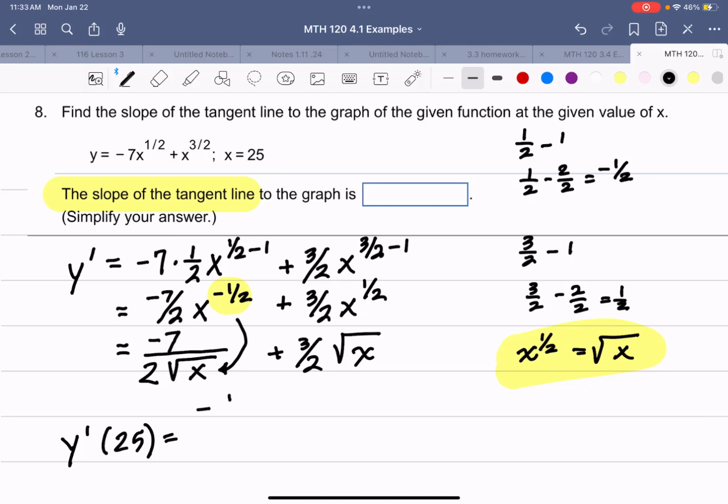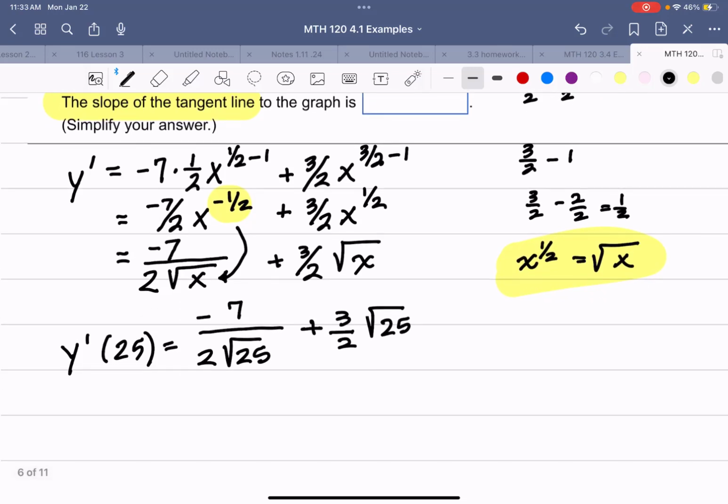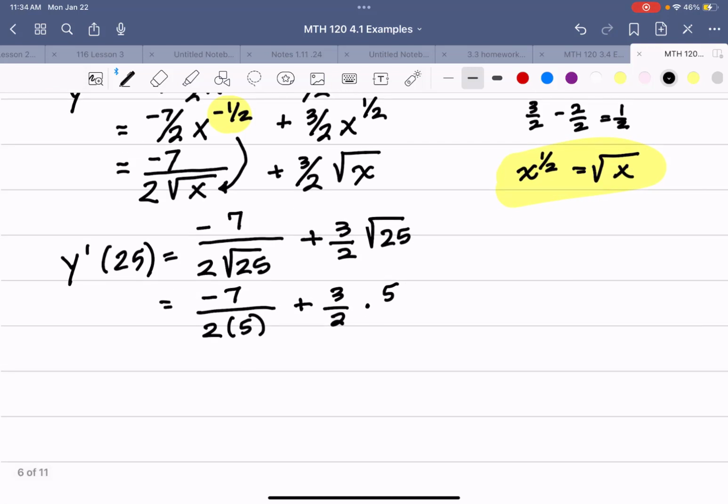So negative 7 over 2 times the square root of 25, plus 3/2 times the square root of 25. That gives me negative 7 over 2 times 5 plus 3 over 2 times 5. That's negative 7/10 plus 15 over 2.